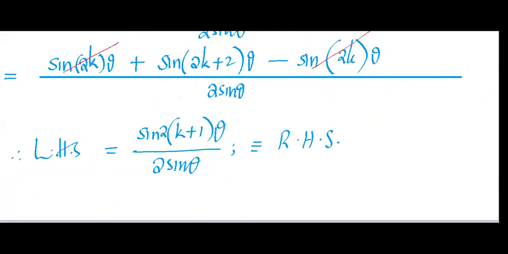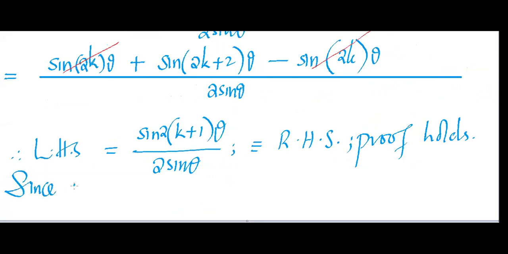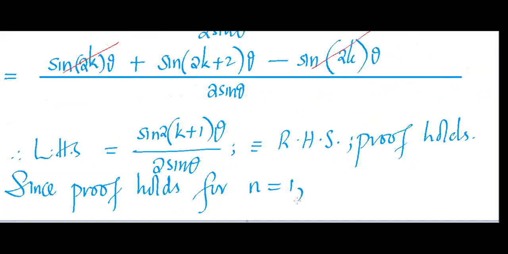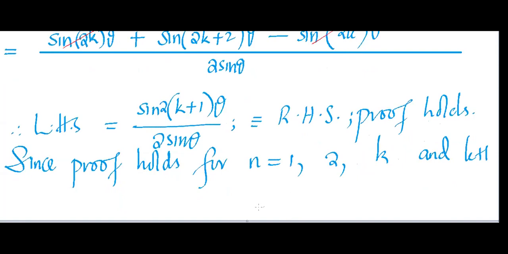And we have finally got the right-hand side, which is a confirmation that the proof holds. So to confirm, since the proof holds for n equal to 1, k and k plus 1, then it is true.